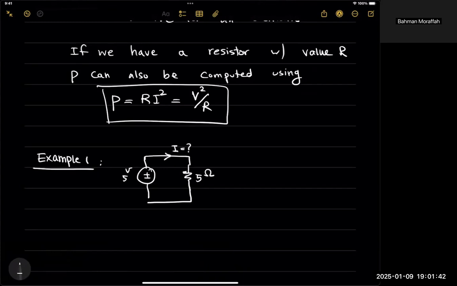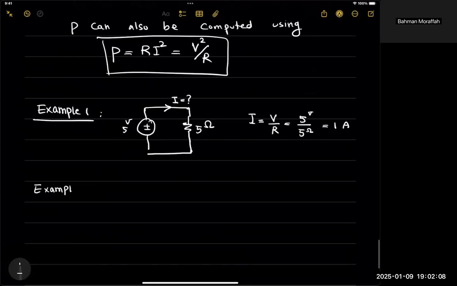And the question is, what is this current? Well, we know voltage across this 5 ohms is 5 volts. So we know I is V over R, which is 5 volts divided by 5 ohms, which is 1 amp. Right? Very simple.